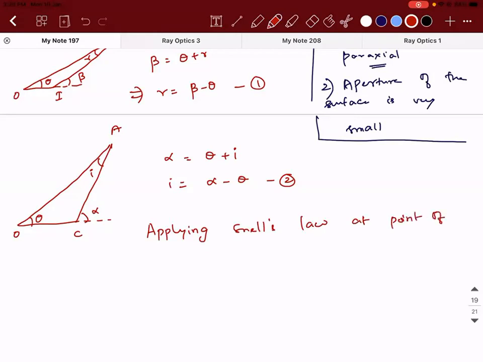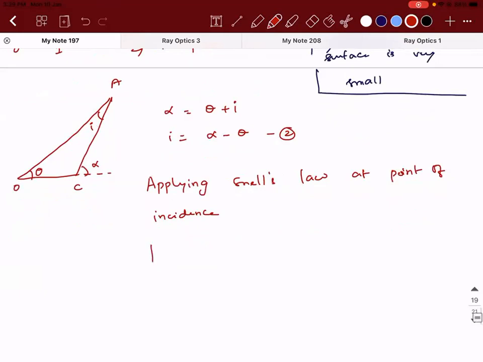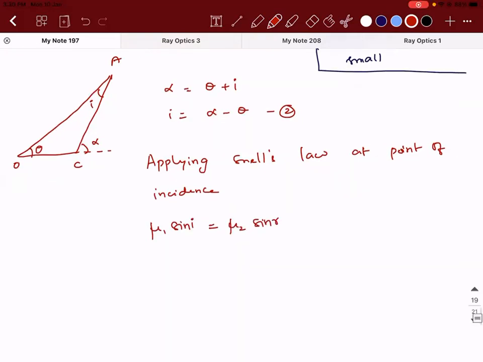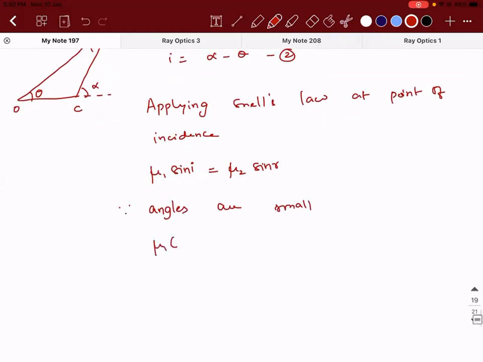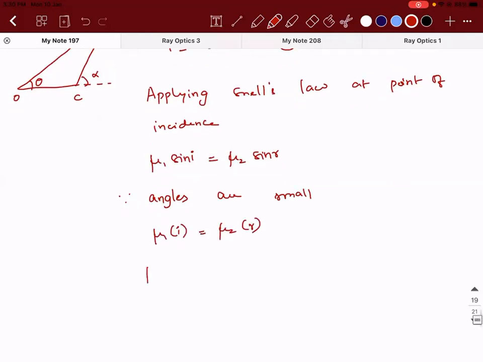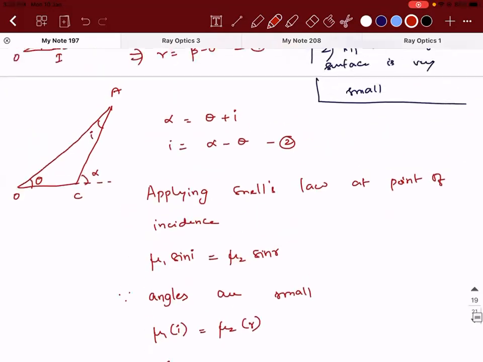Now applying Snell's law at point of incidence, I'll get mu1 into sin I is equal to mu2 into sin R. But what did I say? Angles are small. Since angles are small, mu1 into I will be equal to mu2 into R. So mu1 into, what is the value of I, guys?